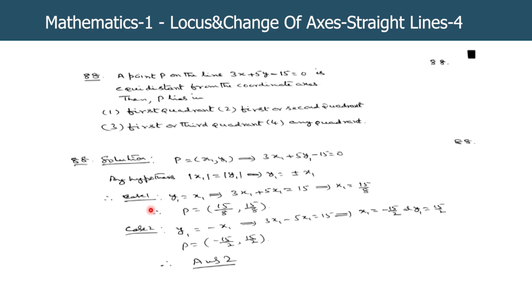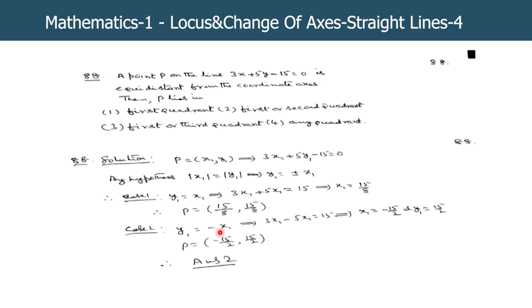Now case 1, y1 = x1 implies x1 = 15 by 8, because you put y1 = x1 in 3x1 + 5y1 - 15 = 0. So x1 = 15/8 and x1 = y1. So P is (15/8, 15/8).